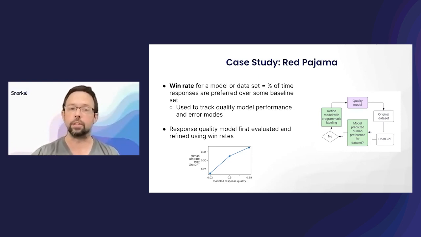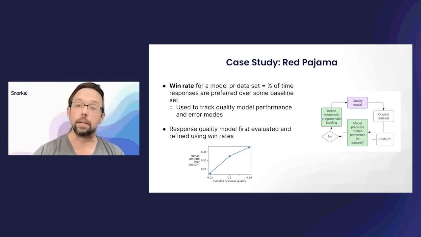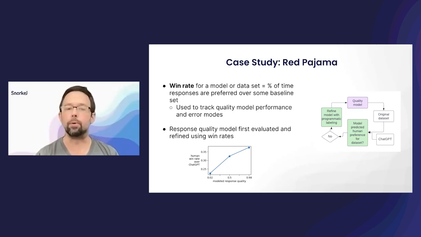That was our basic measure. Importantly, what we could do then is use these win rates to do a novel kind of error mode analysis. For example, if there are areas where the response quality model fails to predict preference, let's write some more labeling functions, more programmatic labels, to tackle that error mode and ensure that the model can predict what was preferred in a future iteration of that model.